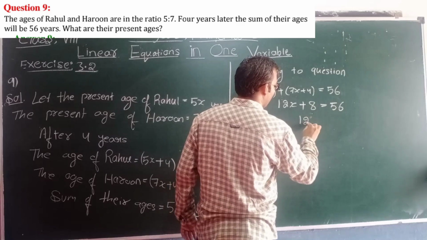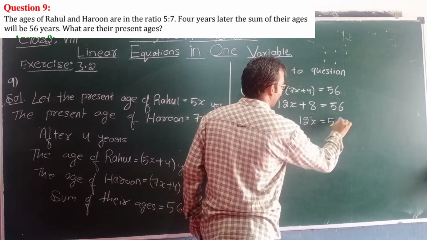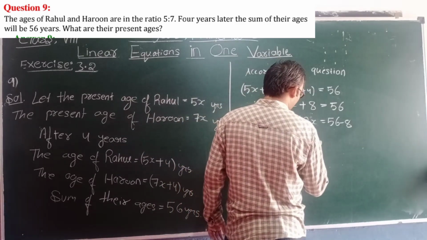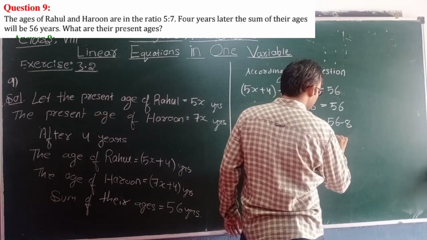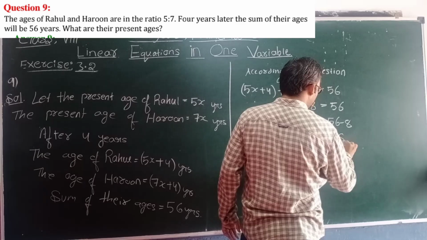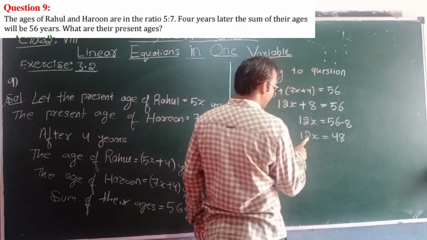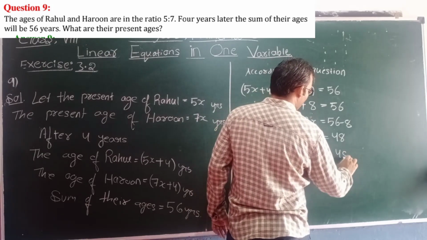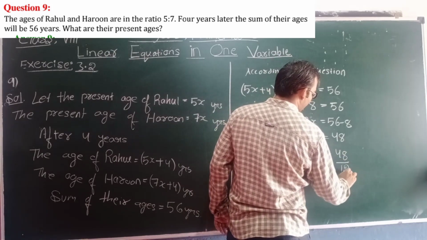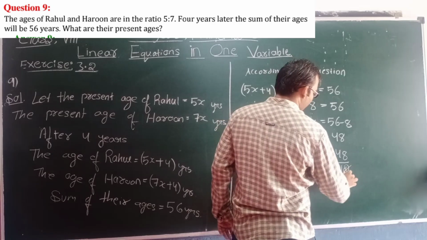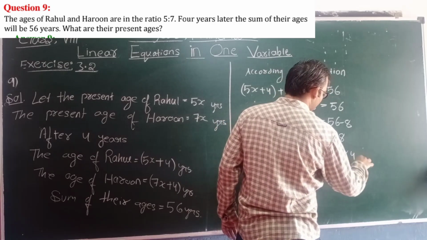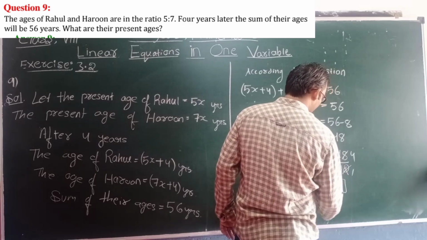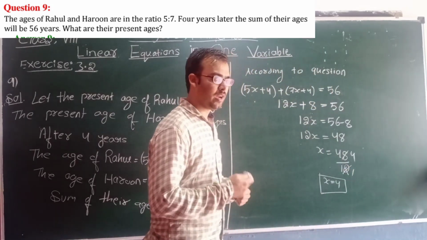It will be 12x is equals to 56 minus 8. 56 minus 8 is what? 48. So now again transpose this 12 that side, so x is equals to 48 by 12. 12 ones are 12, 12 fours are 48. So what is the value of x here, students? The value of x is 4.